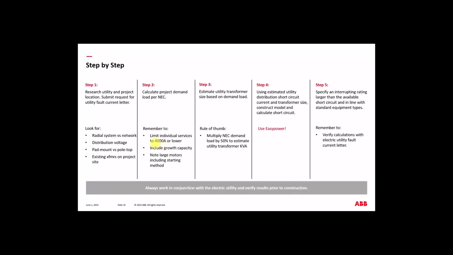I mean, we make it, other people manufacture it, but it gets very expensive, very unruly. And usually, if you have a building that requires more than a 4,000 amp service, the AHJ will let you establish essentially multiple services for the building because of the size. So I try to limit an individual service to 4,000 amps or lower, because that keeps you in conventional type equipment.